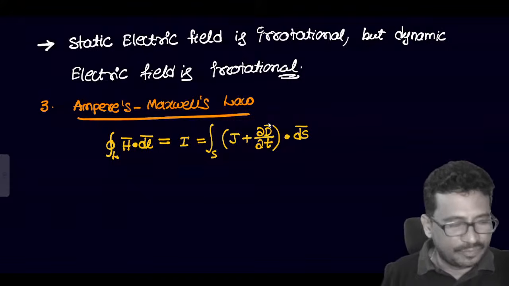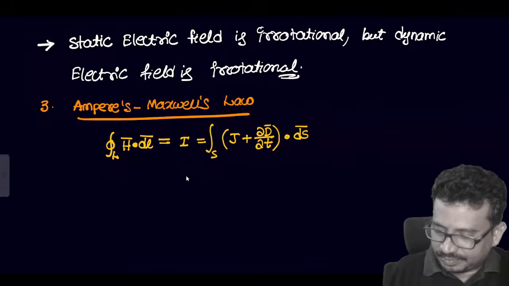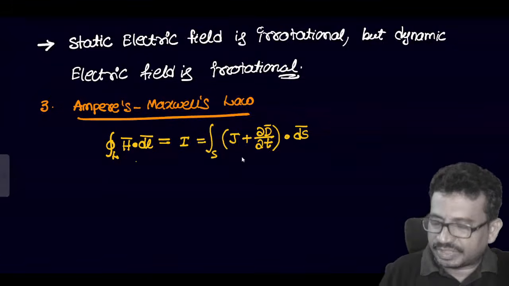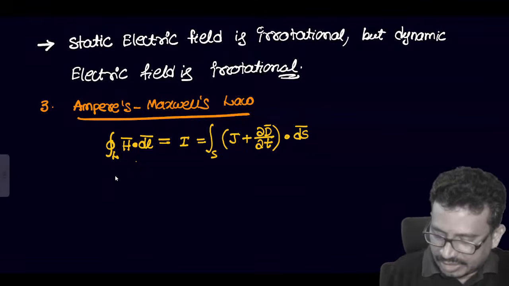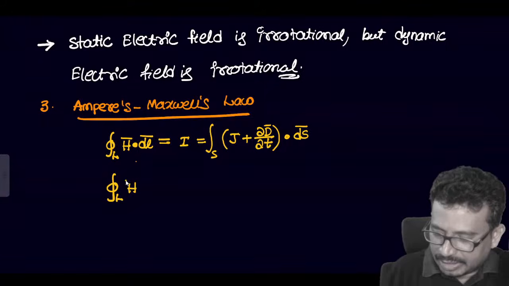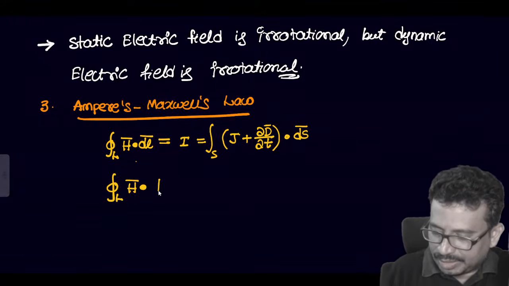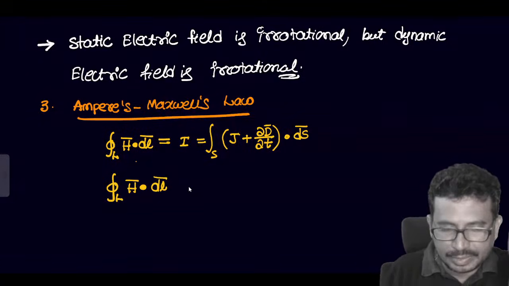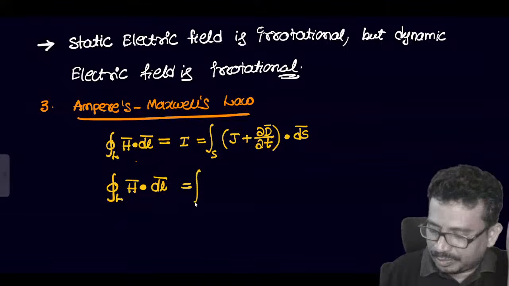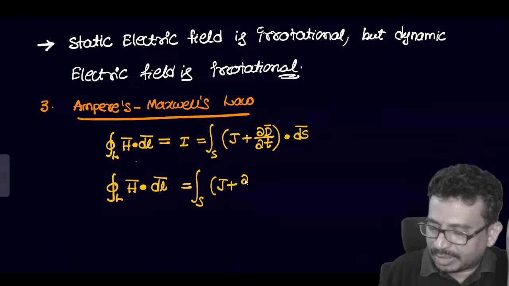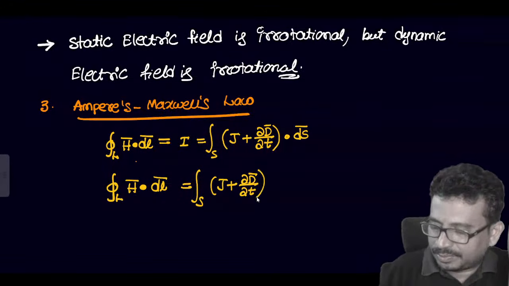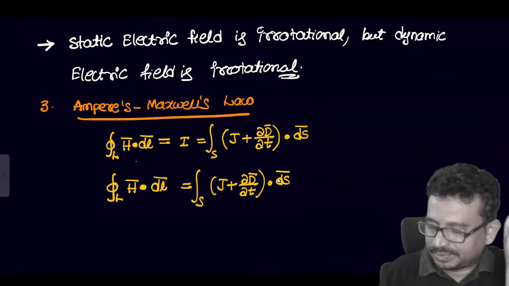By equating the first and last terms, we can write the closed line integral of H dot dl equal to the open surface integral of J plus dou D by dou t, dot dS.